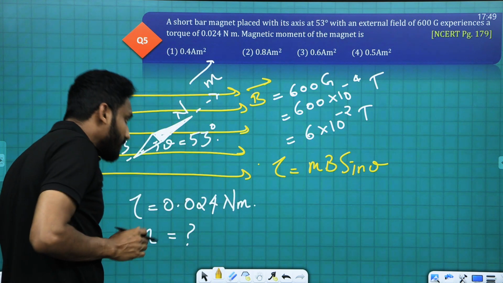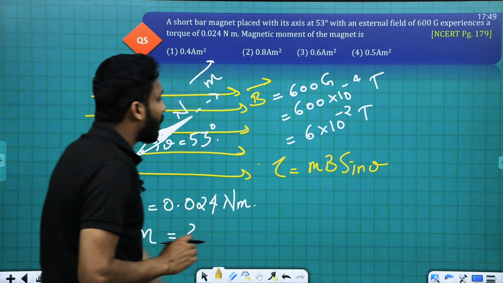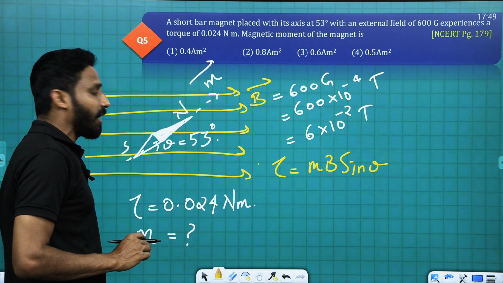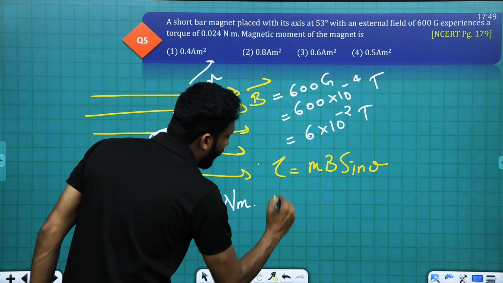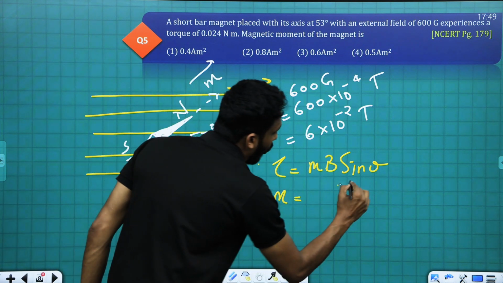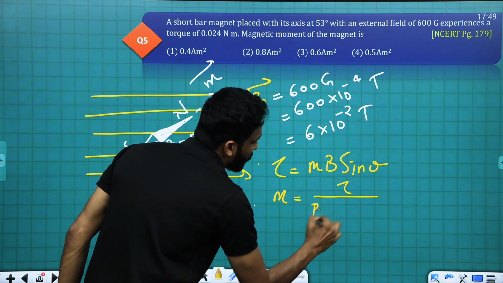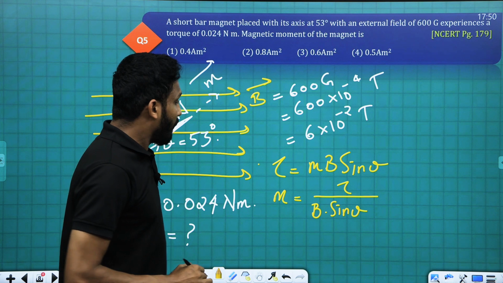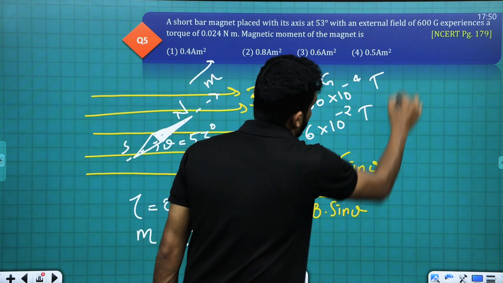Here theta is given, field strength is given, torque is given. We need to calculate the magnetic dipole moment, a very direct question. Dipole moment m is equal to torque divided by field strength into sin theta. We place the values.